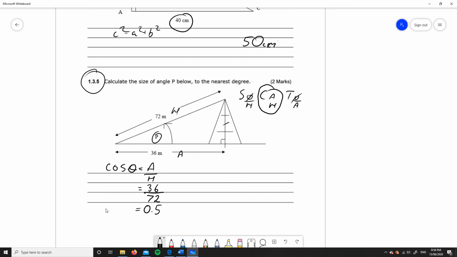So essentially what we're looking for is cosine theta equals 0.5. So what I'm going to do is look in my table in the cos column till I find the value of 0.5, taking that straight out of there.